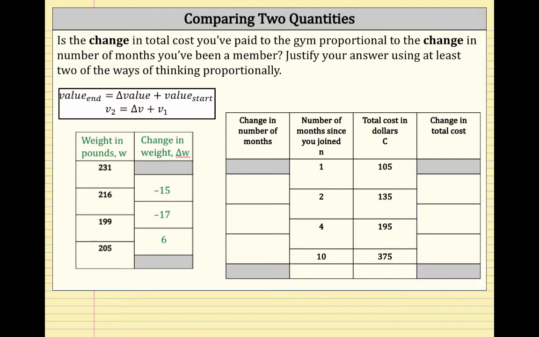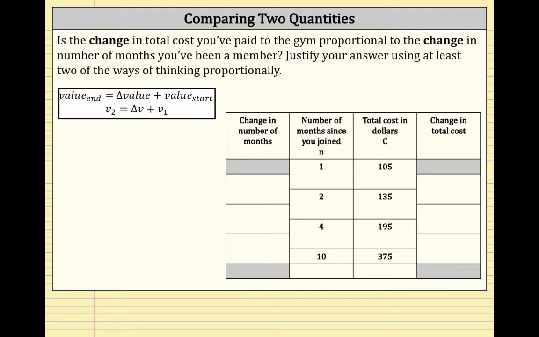Negative 15 plus 231 is 216. But because addition is commutative, we could also say 231 plus negative 15 is 216. Then 216 plus negative 17 is 199, and 199 plus 6 is 205. So that is how the formula works.